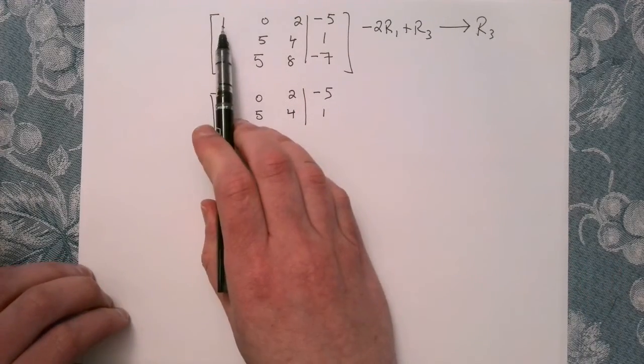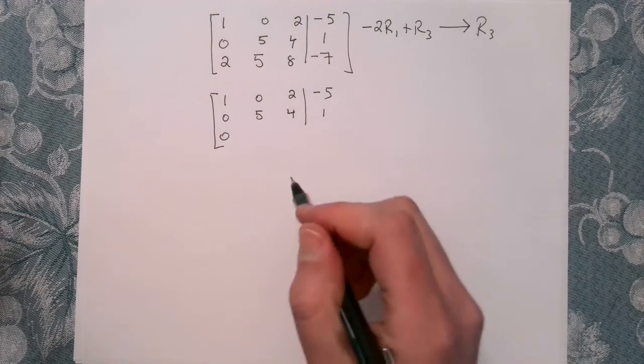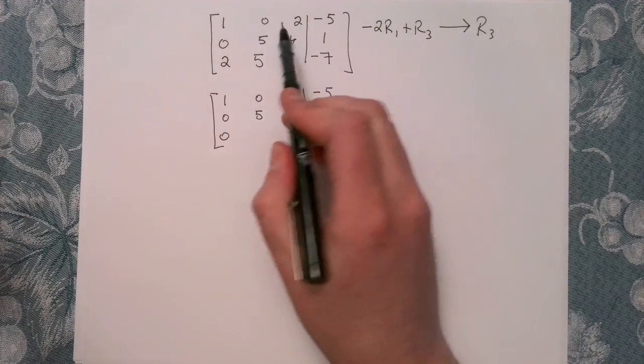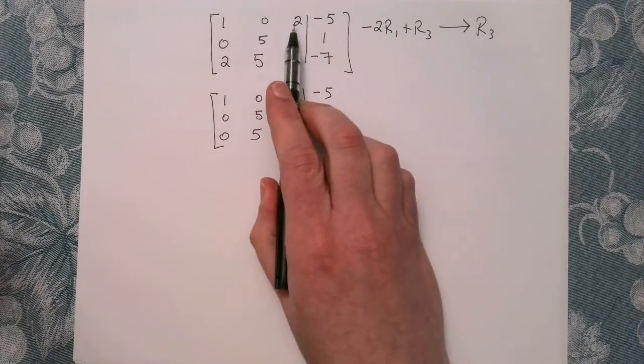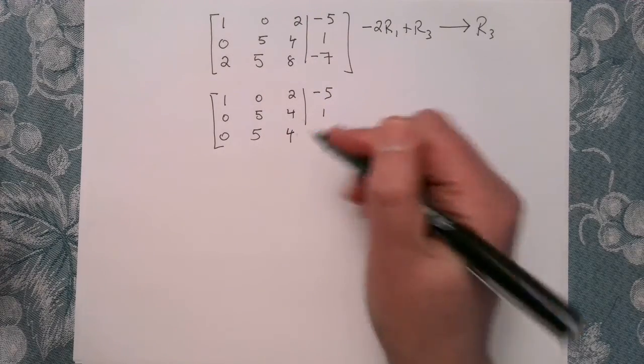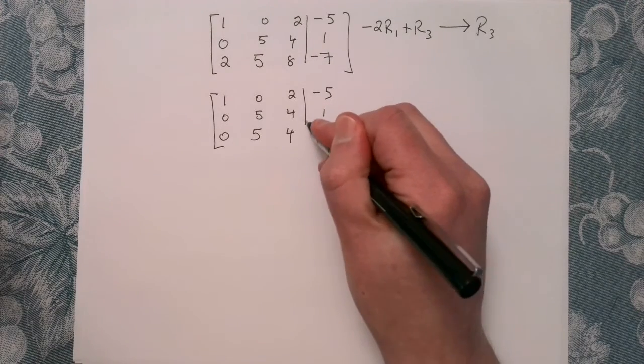So that's going to be negative 2 plus 2, that's 0. We've got 0 plus 5. That'll be negative 4 plus 8. And that'll be positive 10 minus 7, so that's 3.